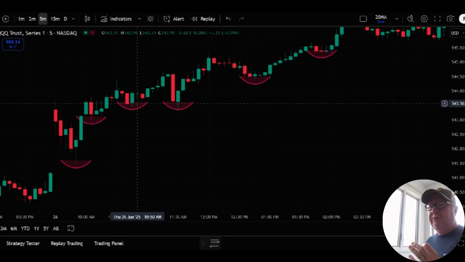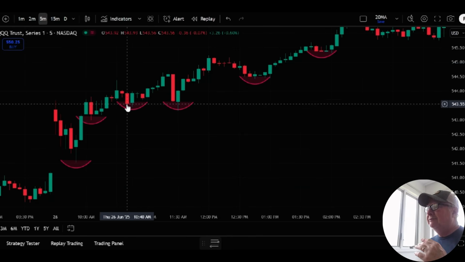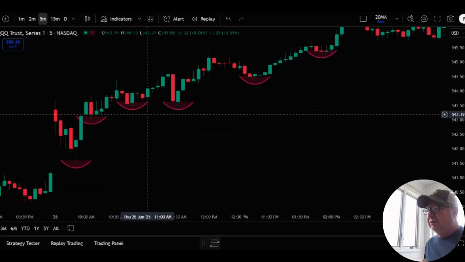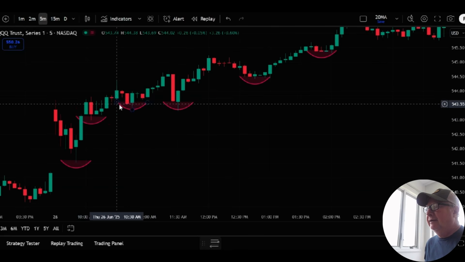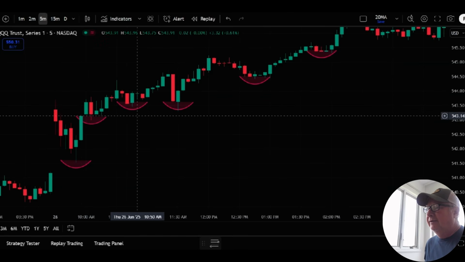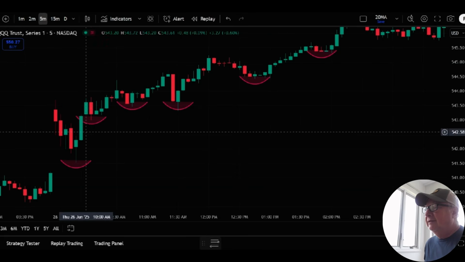There are two ways to trade these pivots and these support areas as we move higher. The first way is to buy as we break out of a higher low, right? This low is higher than this low.